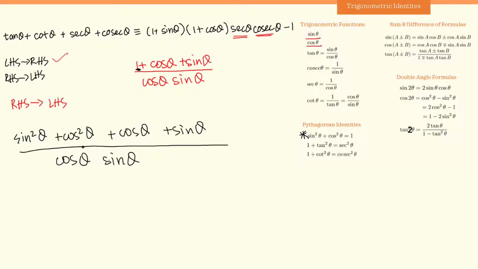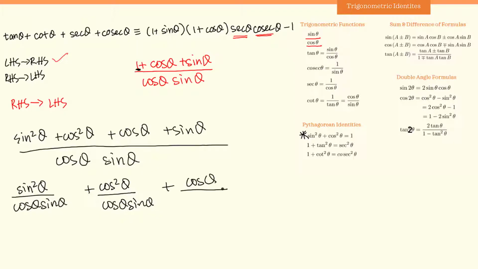Now for the final step, I am going to break this fraction up. I am going to write every term in the numerator with my denominator cosine theta sine theta. So this would be sine square theta divided by cosine theta sine theta, plus cosine square theta divided by cosine theta sine theta, plus cosine theta divided by cosine theta sine theta, plus sine theta divided by cosine theta sine theta.